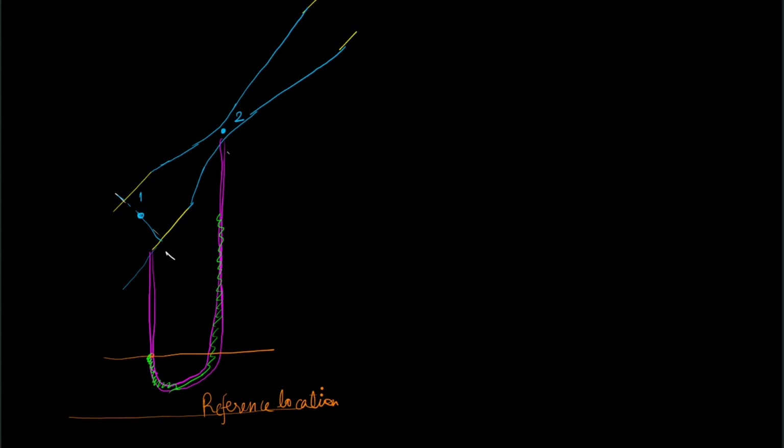If I call this point A and this point B, the fact that the manometer fluid in static equilibrium takes this particular shape means that the pressure at point A and pressure at point B will be equal. This height, let me call it Z1, this particular height, let me call it Z2 from the reference location. This height, let me call it H naught.